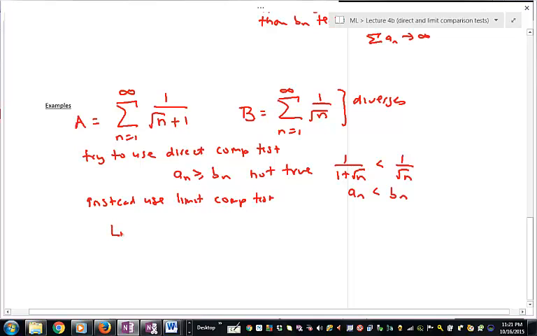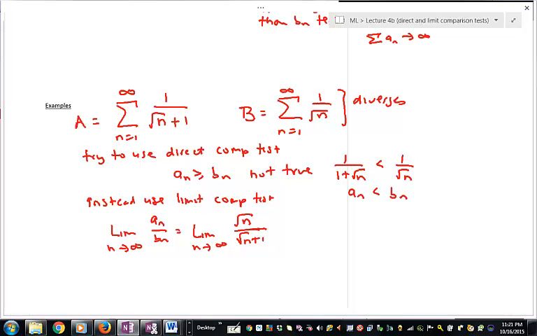So it says, okay, let's look at the limit as n goes to infinity of an over bn, which is equal to the limit as n goes to infinity of the square root of n over the square root of n plus 1. And we can show, using our tests for sequences, using L'Hopital's rule, or using the continuous function rule, that this converges to 1.